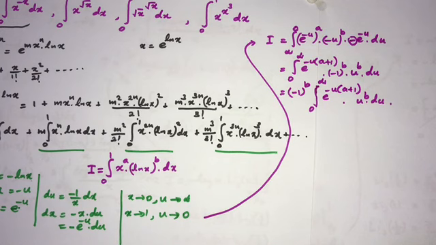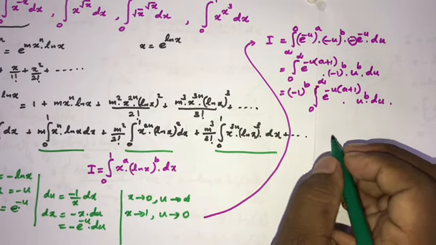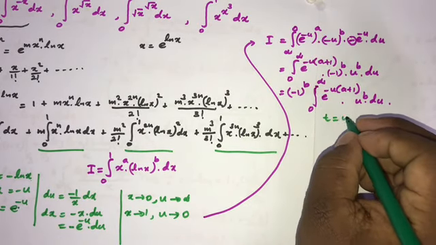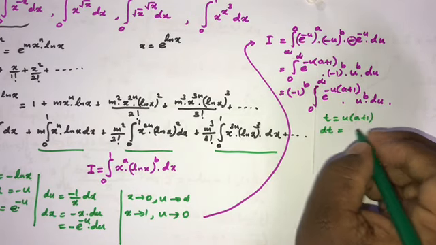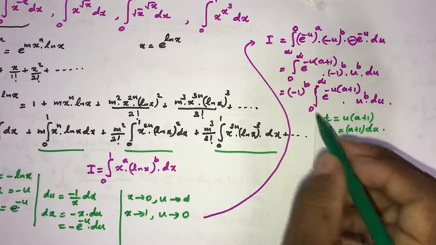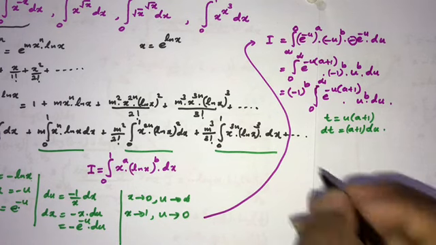Now for this integral we can take another substitution. If we take t is equal to u times a plus 1, differentiate, so dt is equal to a plus 1 du, and the lower and upper limits are also 0 to infinity.